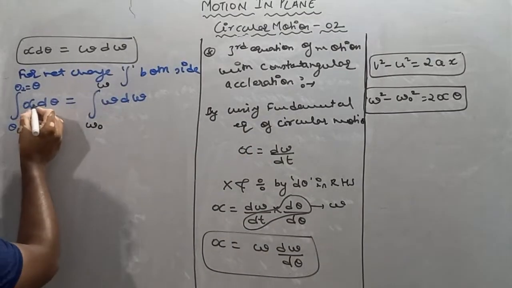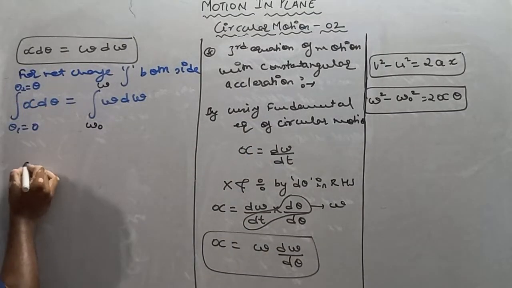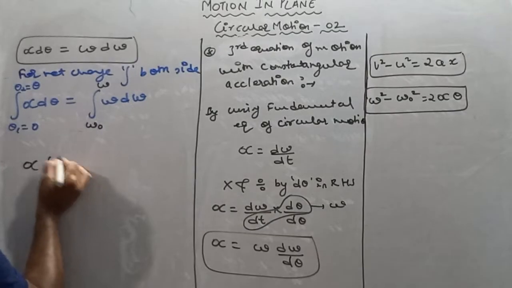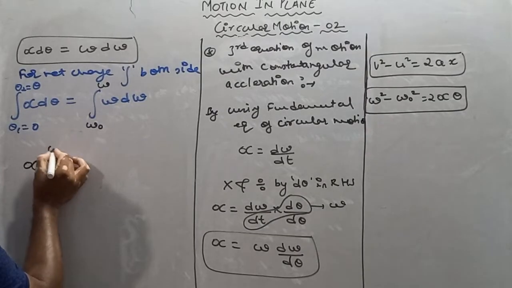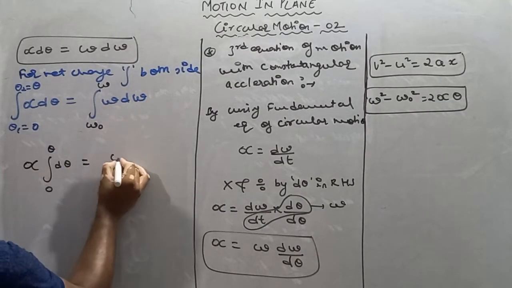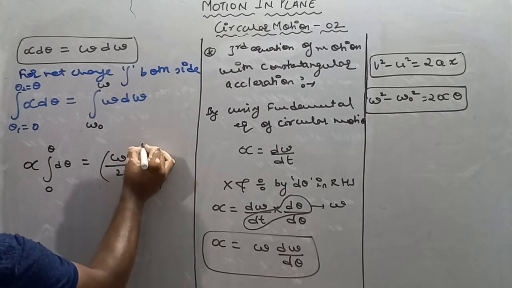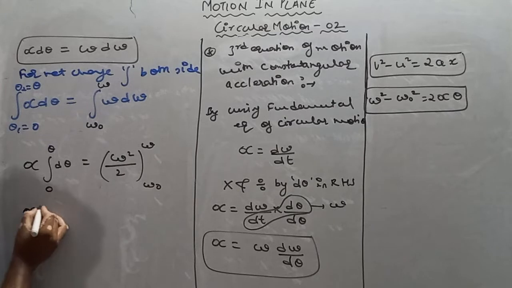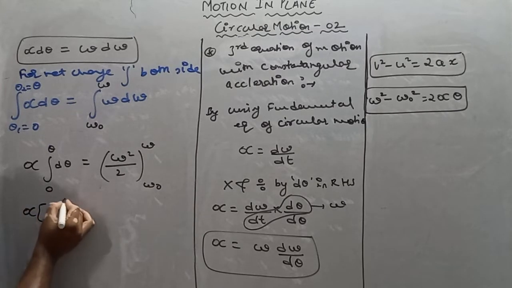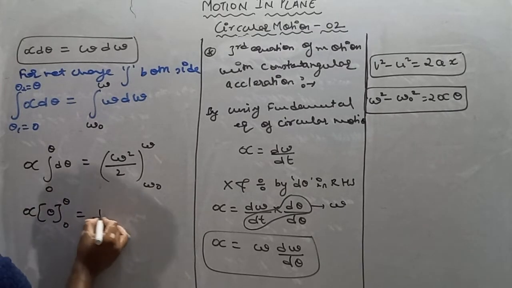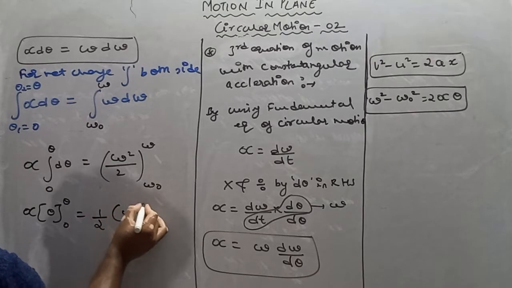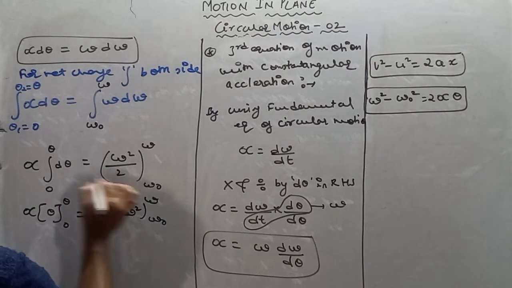Moving forward, my dear students, alpha is constant, it comes outside. Integration of d theta from 0 to theta is equal to integration of omega d omega, which is omega square by 2, with limits omega naught to omega. Integration of d theta is theta with limits 0 to theta. Half comes outside, omega square from omega naught to omega.